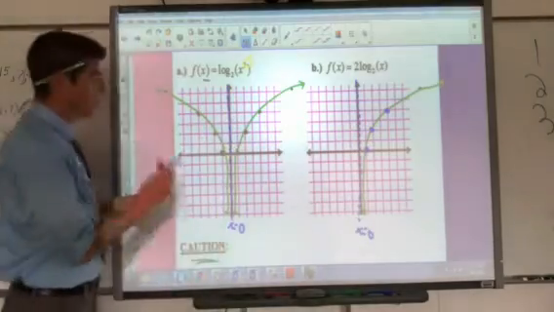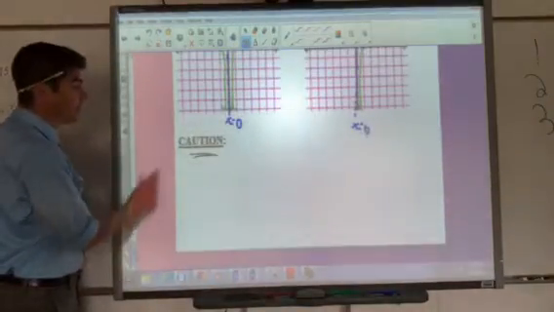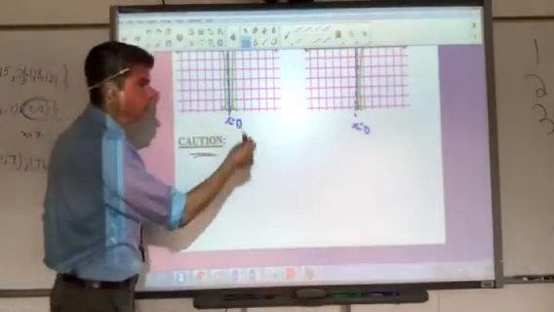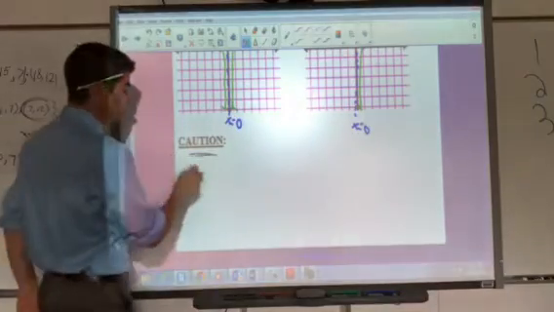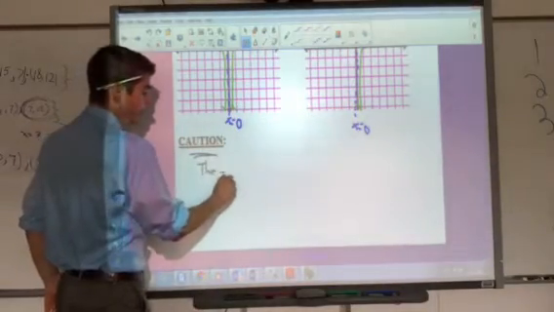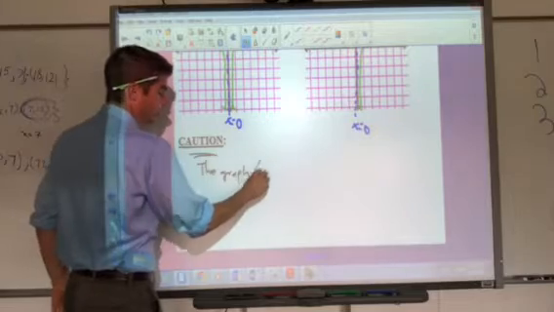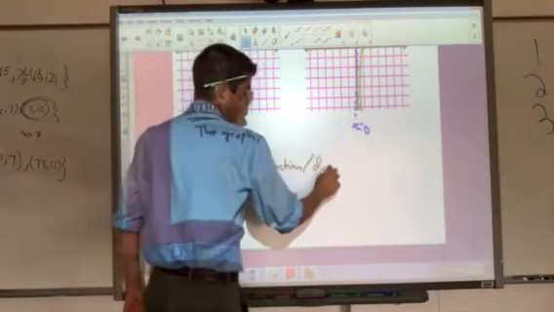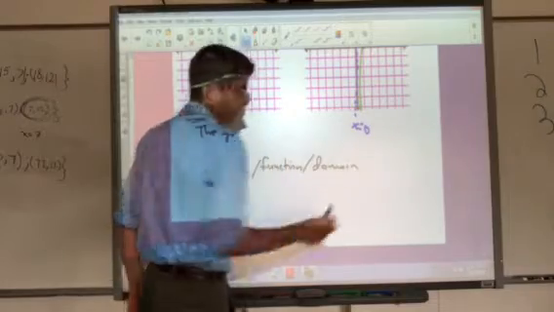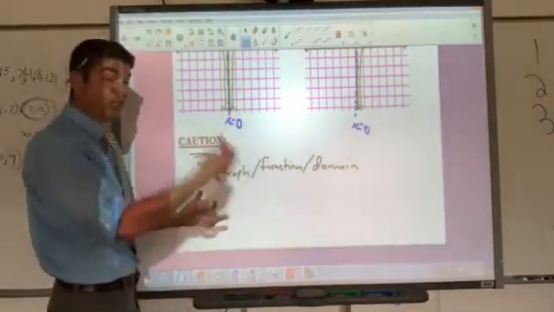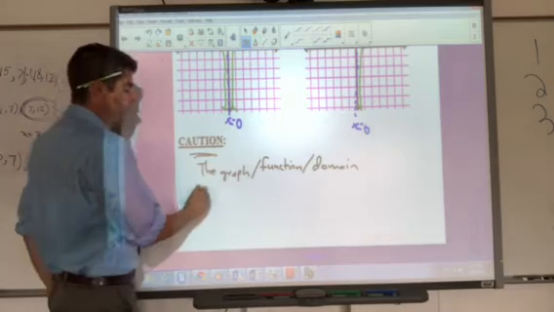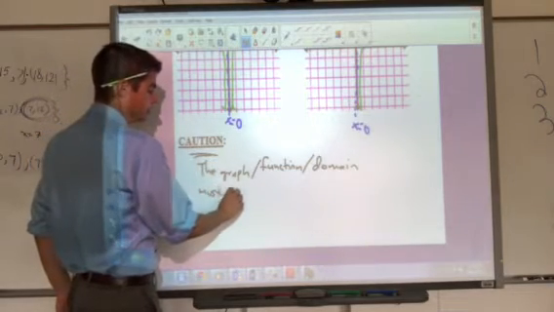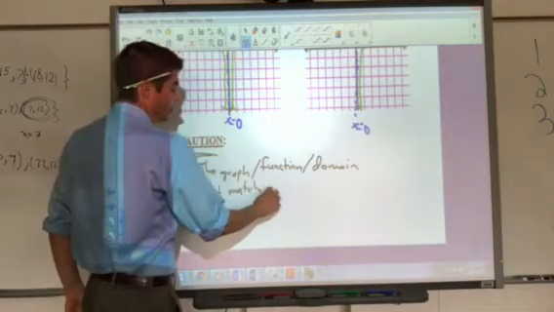So when it comes down to graphs and specifically domains, you have to use what was originally given. So the graph or function or domain, depending on what they're actually asking, must match the original problem.